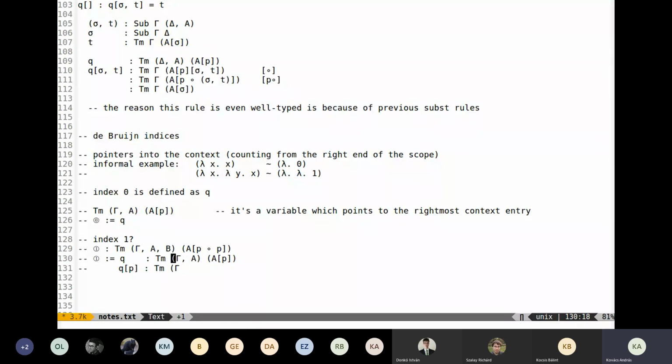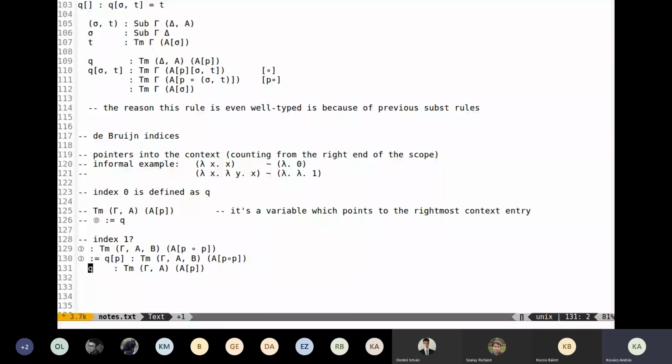So we have a Q, which is the de Bruijn index which lives in gamma A and points to A. We already have that. But we can use substitution with P to skip over an additional entry in the context. So then we have gamma A, B, and then we have A, and because here we are doing a term substitution, we also have to do a type substitution, so this becomes PP, and this is the definition.